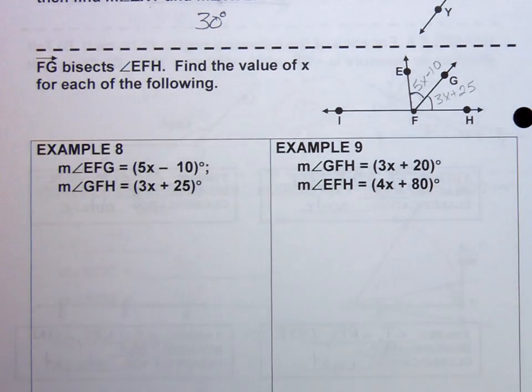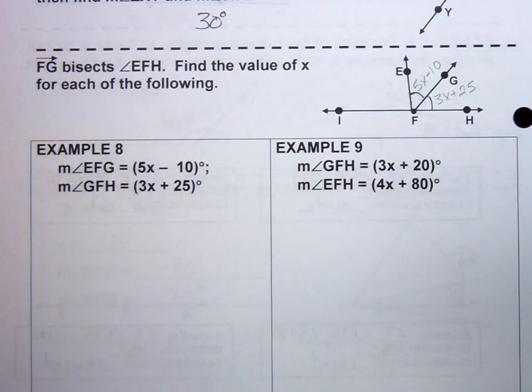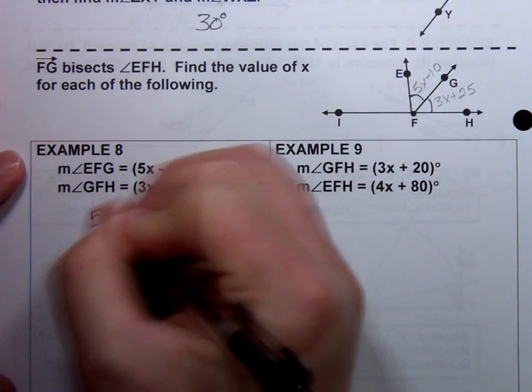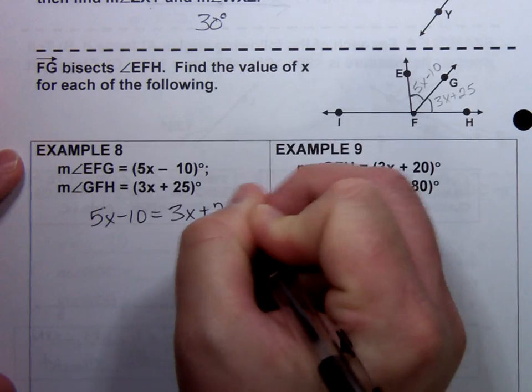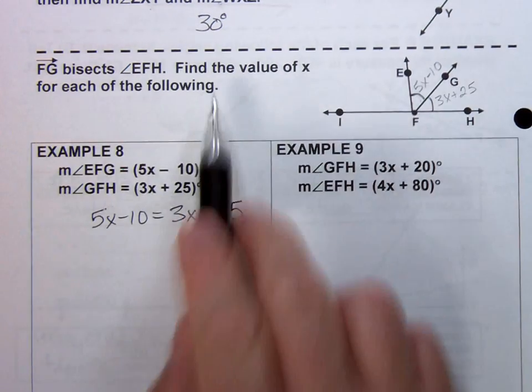While I currently don't know what 5x minus 10 is, or what 3x plus 25 is, I know that they come out to be the exact same thing. So because they're congruent, I'm going to set them equal to each other, and we can solve for x now, because that's what we were told to do. Find the value of x.